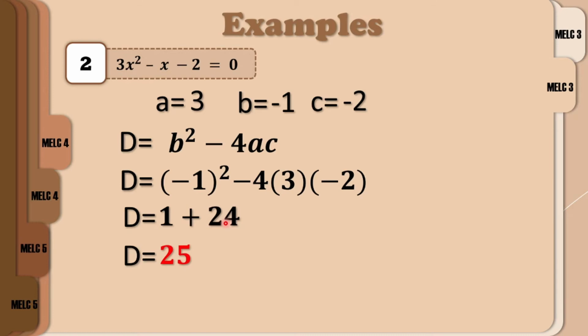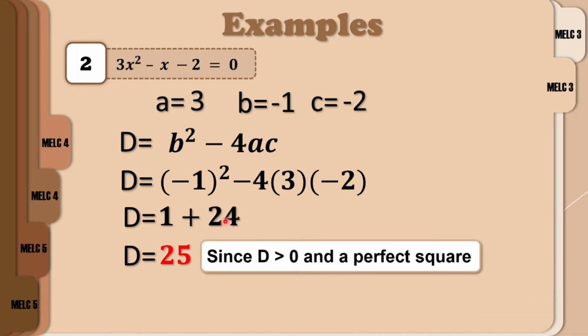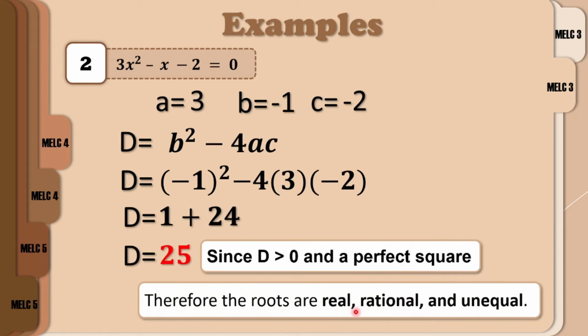So, hindi siya equal sa 0. So, ito ay papasok sa pangalawang nature, which is, since the D is greater than 0 and perfect square, so baka siya perfect square kasi pag in-square natin yung 25, that is result to 5. So therefore, the roots are real, rational, and unequal.